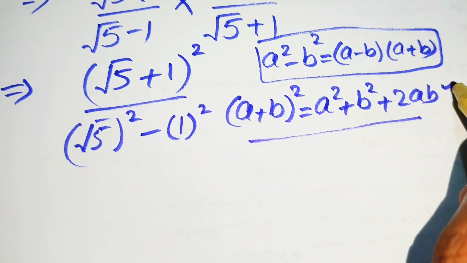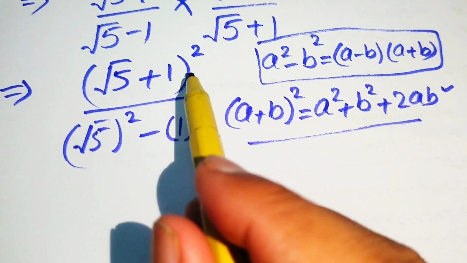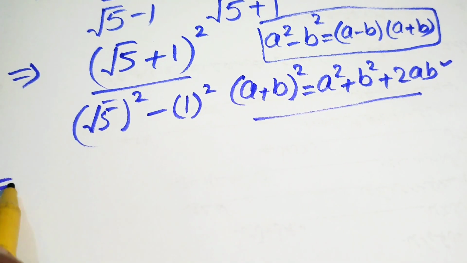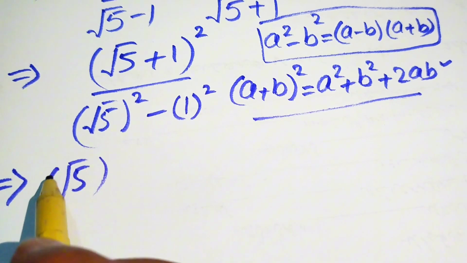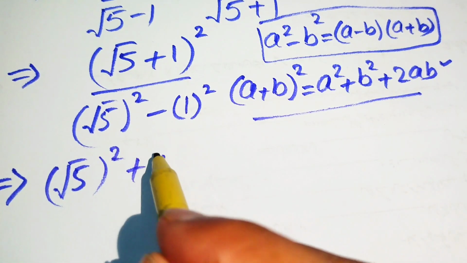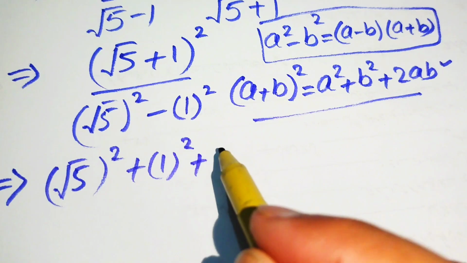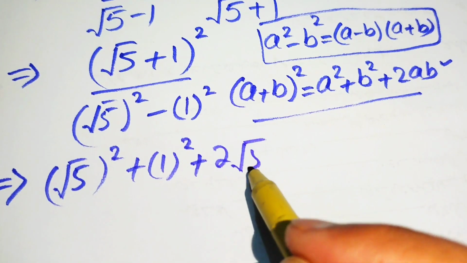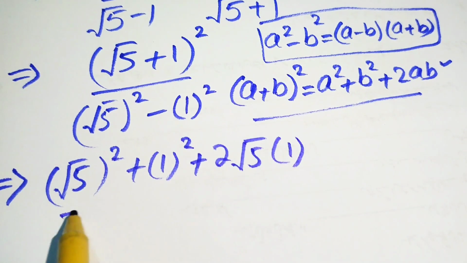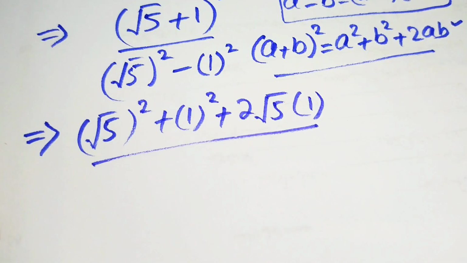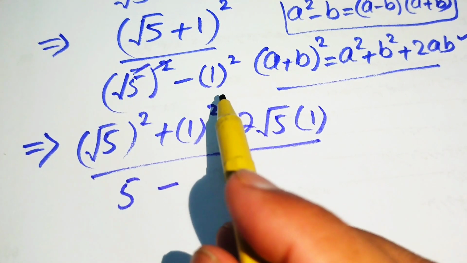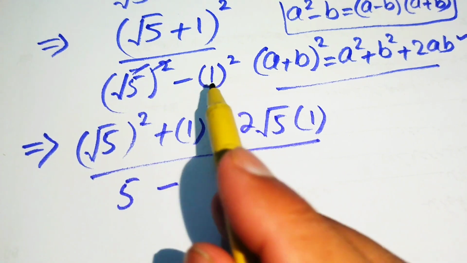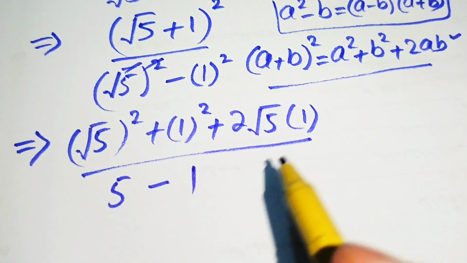We use this identity for the numerator, so the numerator becomes (√5) square plus 1 square plus 2 times √5 into 1, divided by 5 minus the square of 1, which is 1.